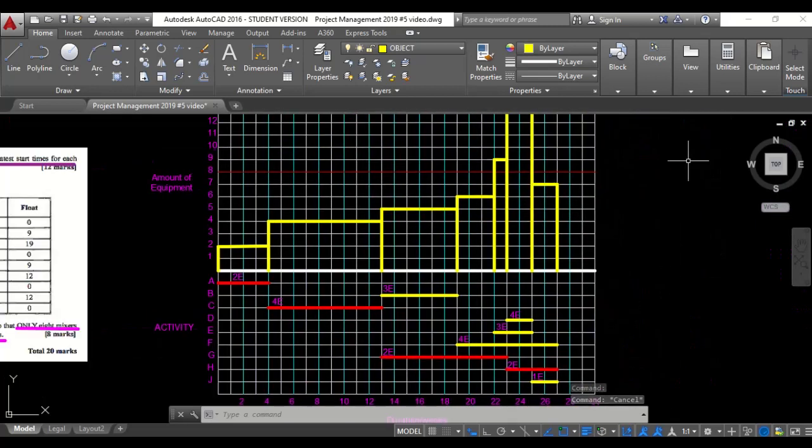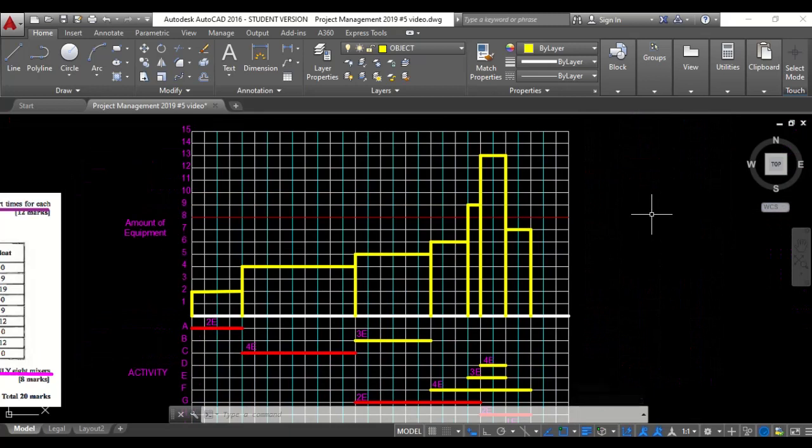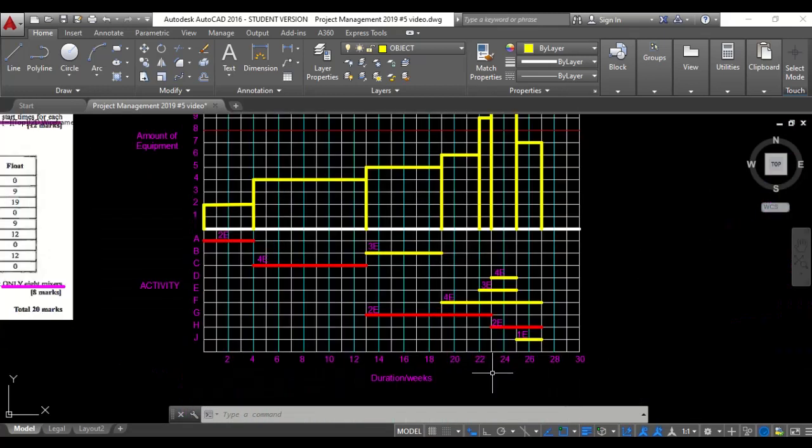So when we assess our resource histogram, we are recognizing that for a 3-week period, the number of equipment needed exceeds 8, which is the maximum for this project. So we are going to have to assess our resource histogram to see, based on the earliest start time and latest start time, how we can shift activities to ensure that we are within the constraint specified.